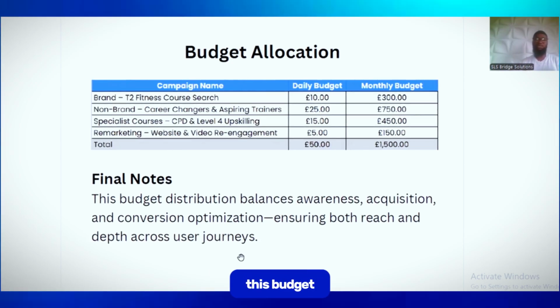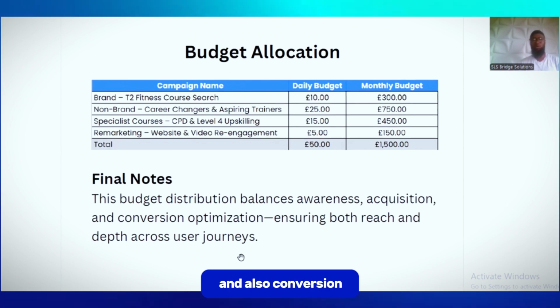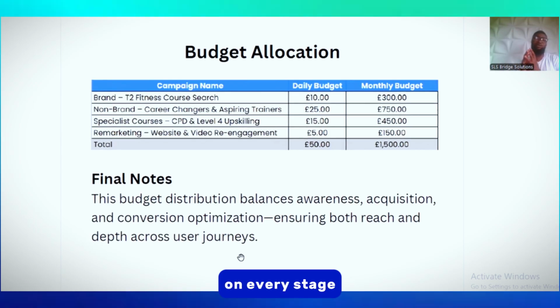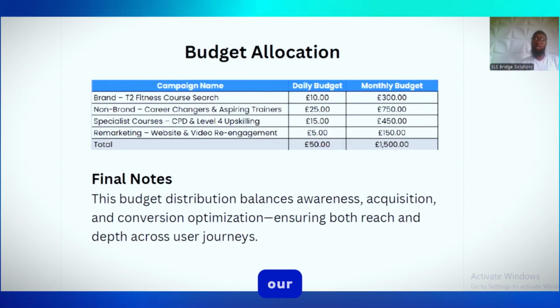The final note is that this distribution balances awareness, acquisition, and conversion optimization, so we are focusing on every stage of the funnel as much as possible. This ensures that we both reach people and get them down the funnel as much as we can, and that is how we are going to structure and plan our campaign budgets.